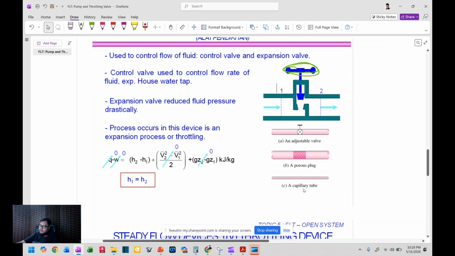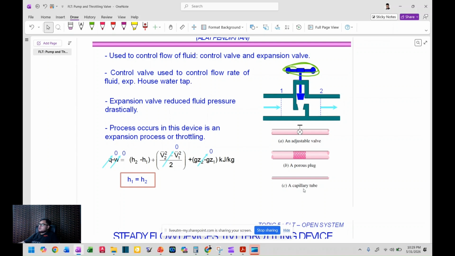You will see from an example soon how a throttling valve is able to cause a significant temperature drop in a refrigerant, and that's why you will experience cold airflow. Or in a refrigerator, you will have a cold environment for your food.